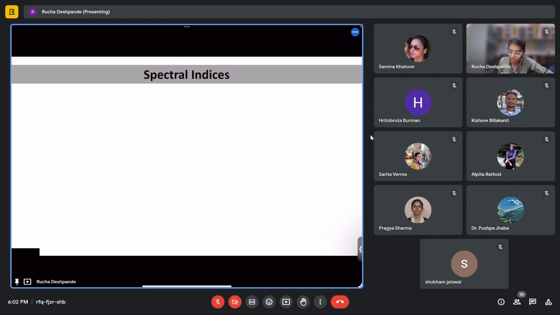So, spectral indices are combinations of pixel values from two or more bands in a multispectral image.